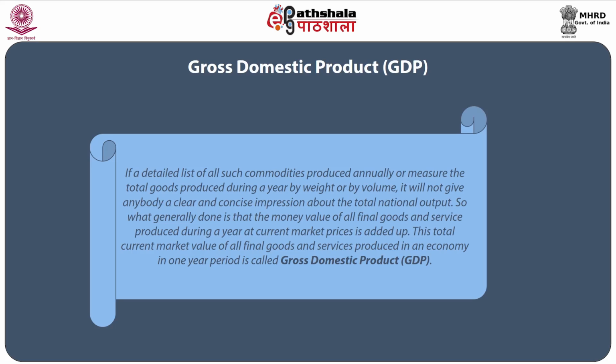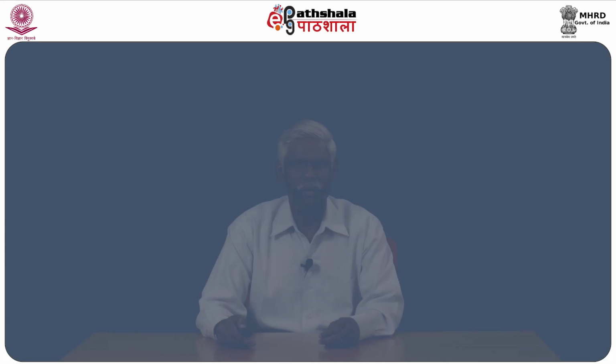So, what is generally done is that the money value of all final goods and services produced during a year at current market prices is added up. This total current market value of all final goods and services produced is to be calculated and considered.